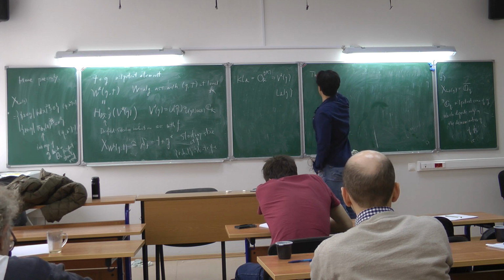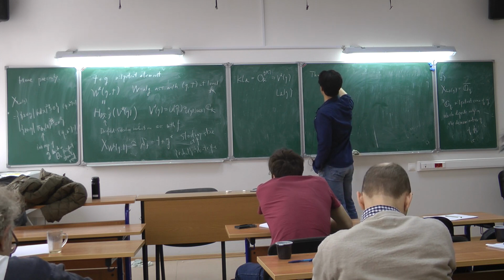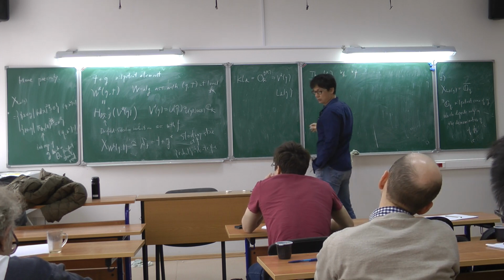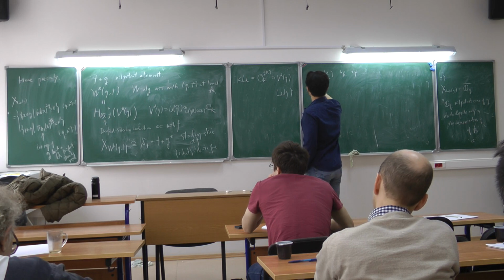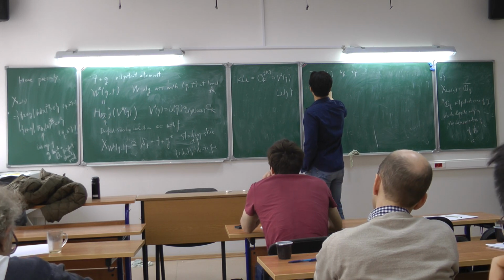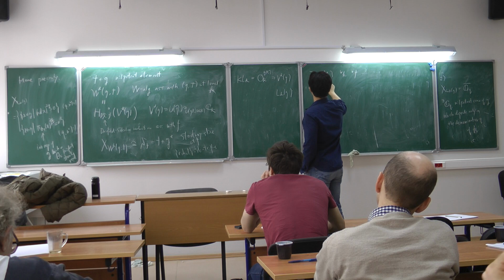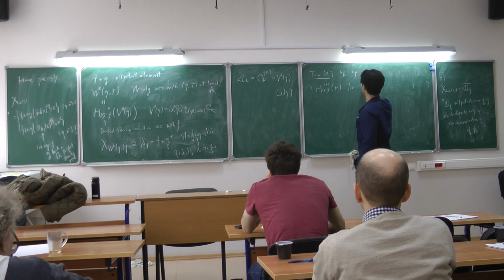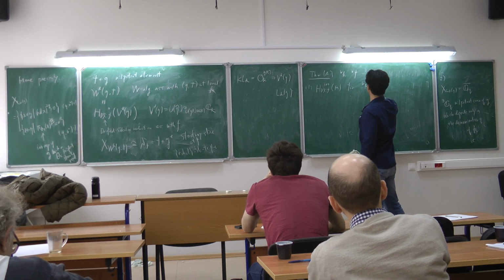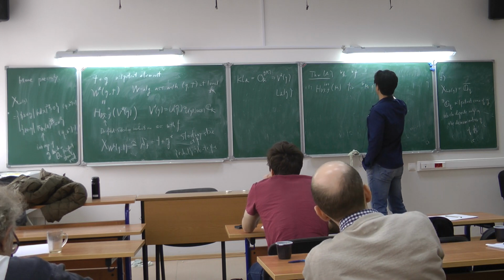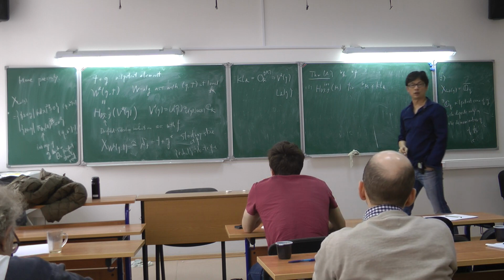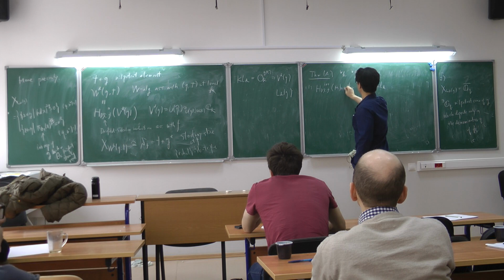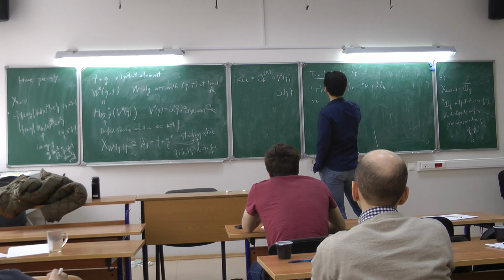The theorem states the following. This is for any k and for any f. So first, we have the vanishing of cohomologies for any object. Oh yes, so this means this functor.